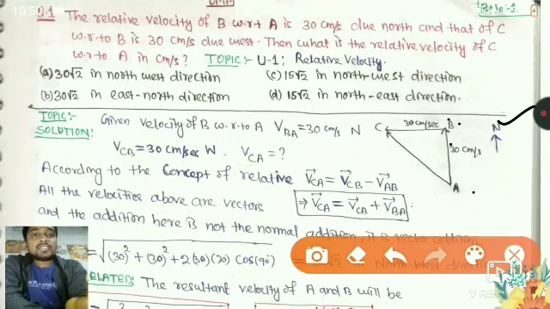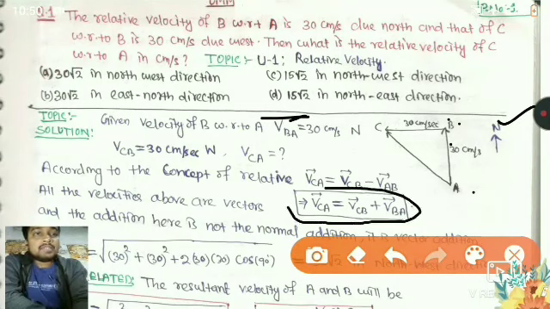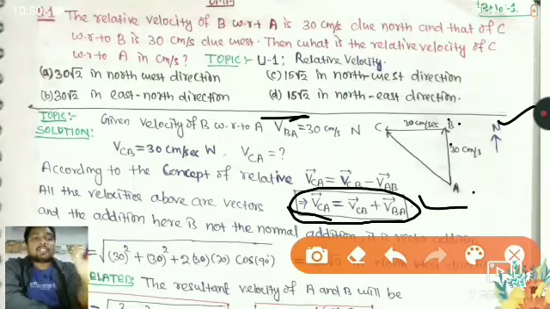We know that from the concept of relative velocity, VCA is equal to VCB minus VAB, but we have been given VBA, not VAB. So we can exchange B and A. That will give VCA as VCB plus VBA. From this we can only calculate the magnitude of VCA but not the direction.